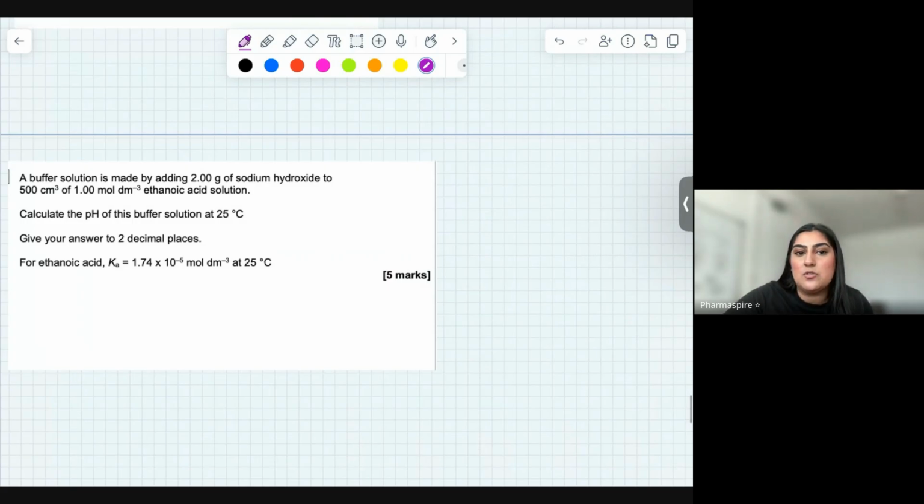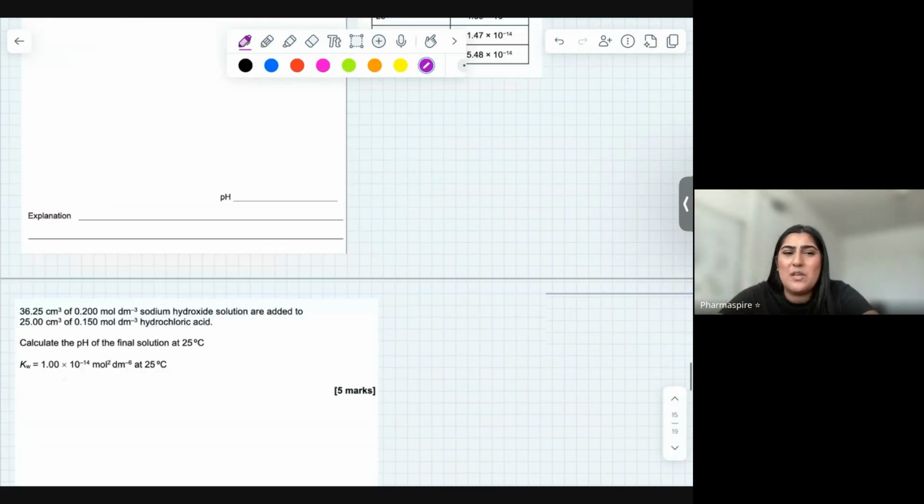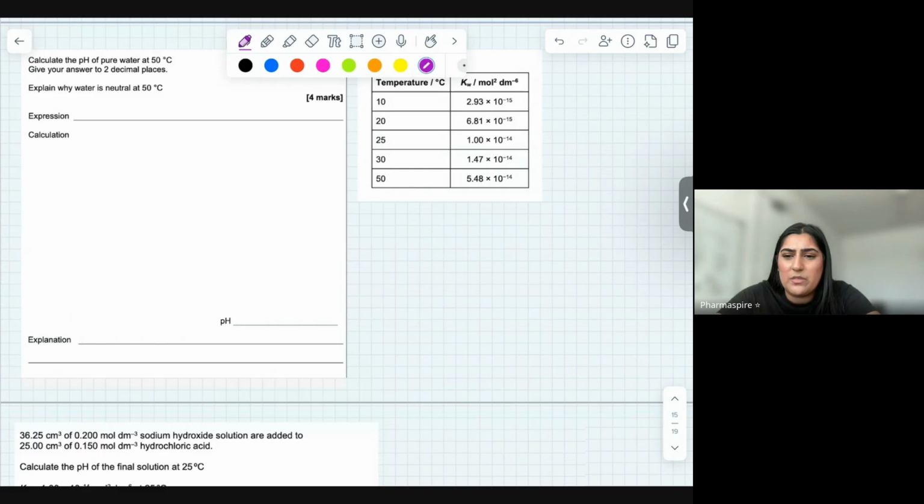You have to use your concentrations because in buffers, your acid and salt are both the same amount, so they're going to cancel out. But to be honest, you could work it out in moles as well. Ignore me, you don't need to. You can always do it in moles. Just do whatever you're comfortable with.